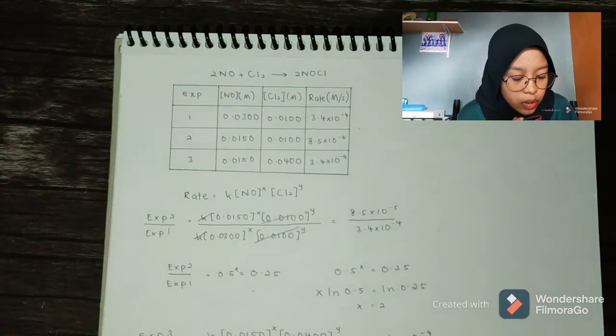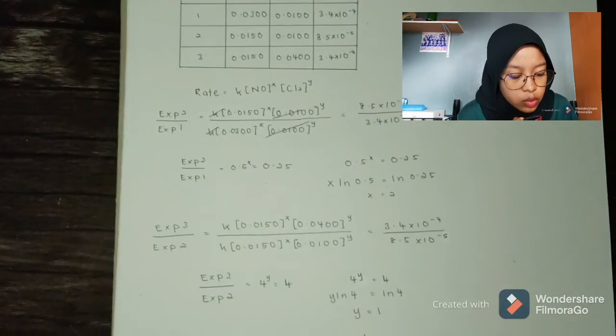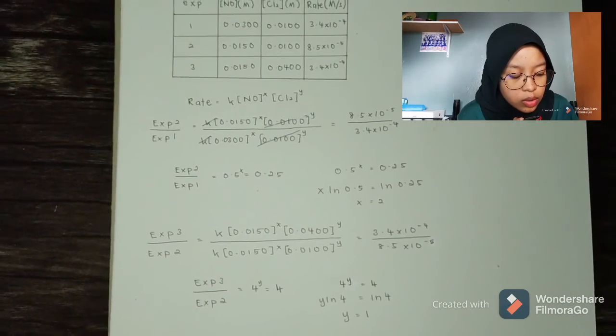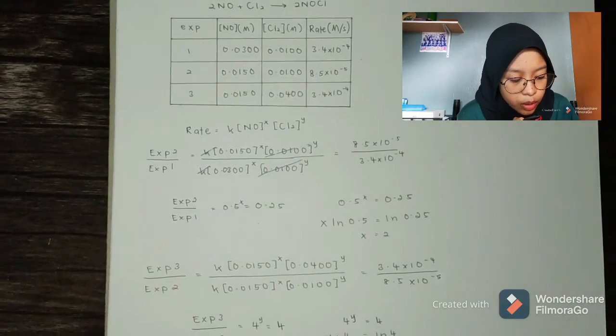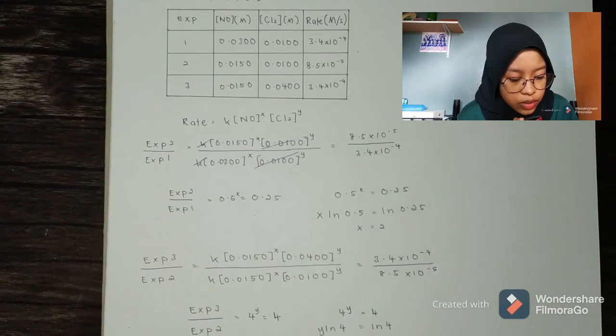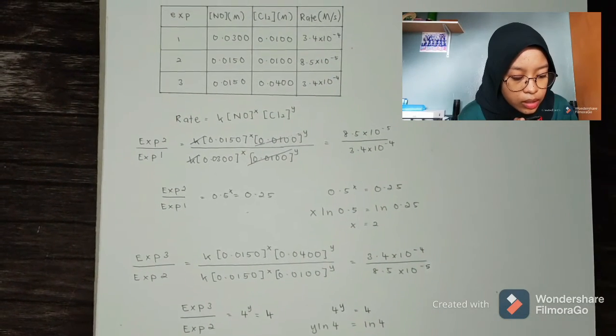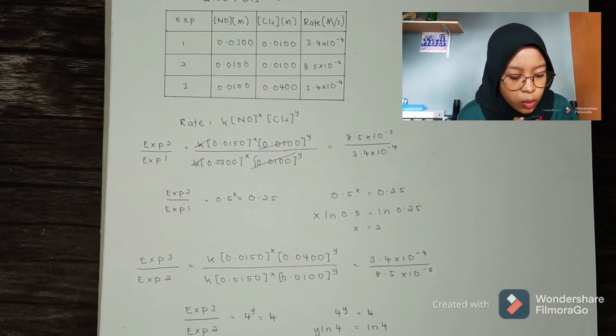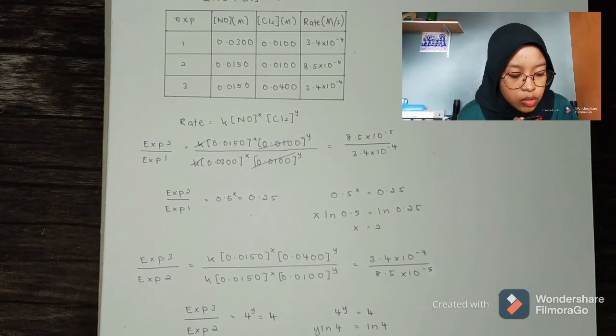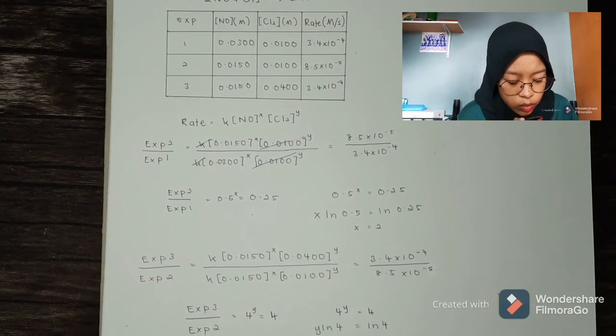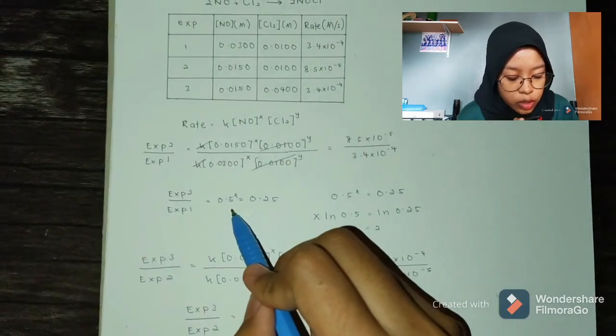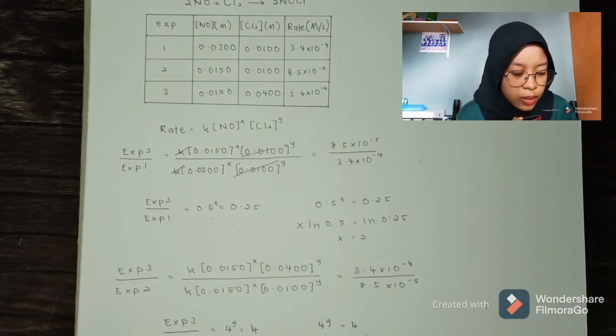Then we rewrite experiment 2 divided by experiment 1 equals 0.0150 to the power of x divided by 0.0300 to the power of x, we will get 0.5 to the power of x.